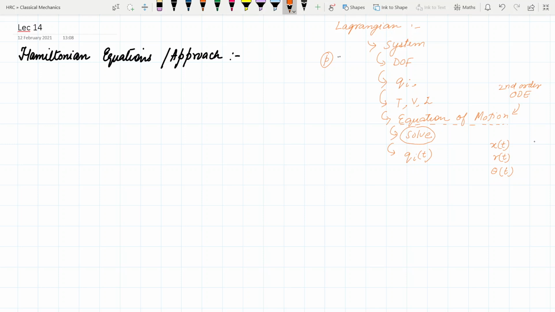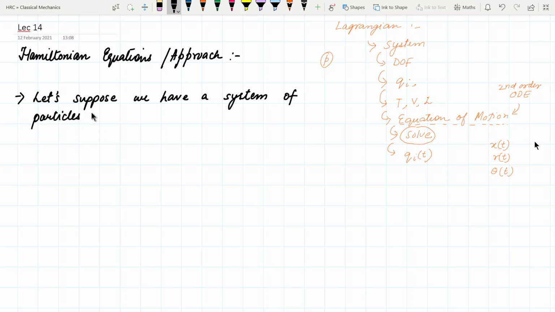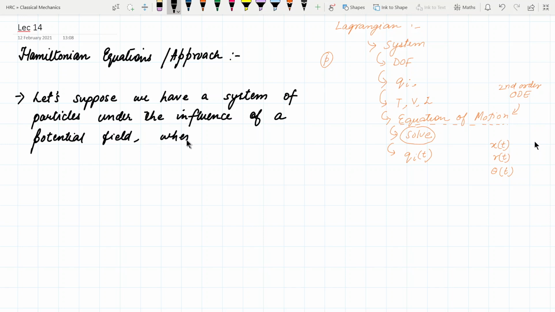Okay, so for example, let me give you an example. So let's suppose we have a system of particles under the influence of a potential field, where potential is a function of space or independent of time.